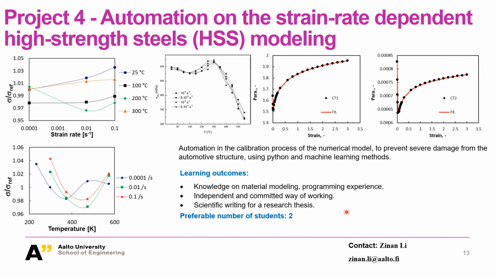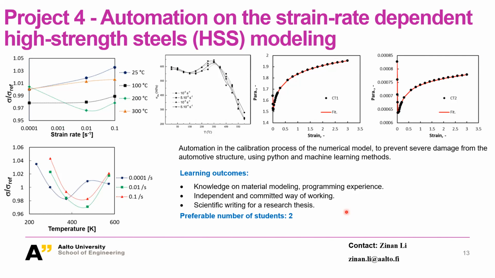So you can see from the figures that they are all implied from different strain rates. So this will also affect the model behavior, and we want to have a machine learning model to replace the curve fitting in this.